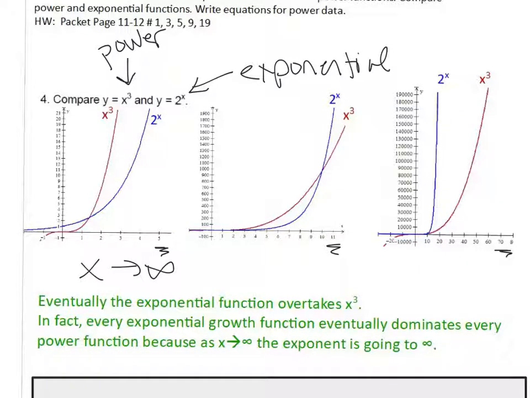So eventually, the exponential function overtakes and is bigger than x cubed. In fact, every exponential growth function will eventually dominate every power function because as x goes to infinity, the exponent is going to infinity, and therefore the power is higher than whatever the constant power is in the power function. So we'll pause the video here for you to write that down in your notes.